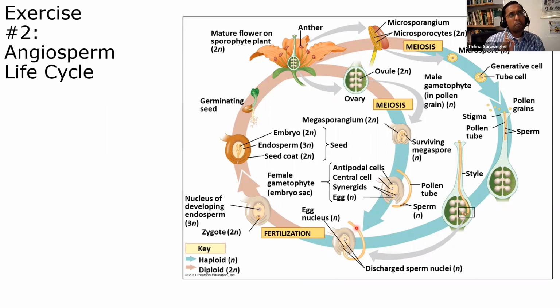Now, this is something completely extraneous: certain lilies undergo formation of a central cell that first has two nuclei, and then those two nuclei fuse again to make a diploid single central cell nucleus, right?